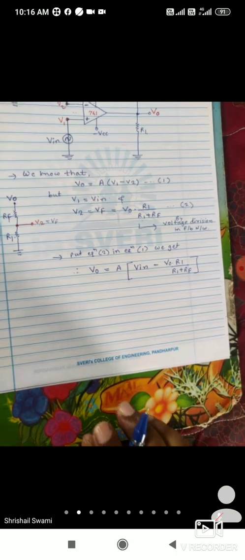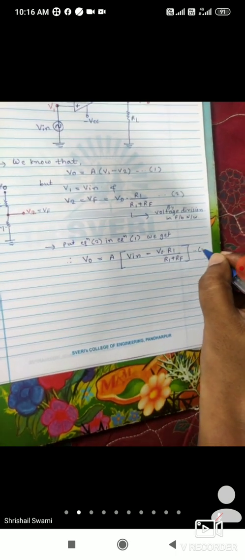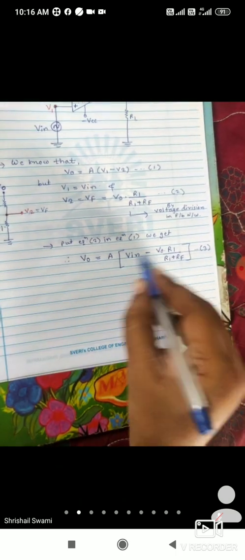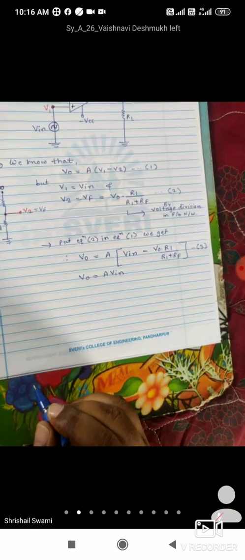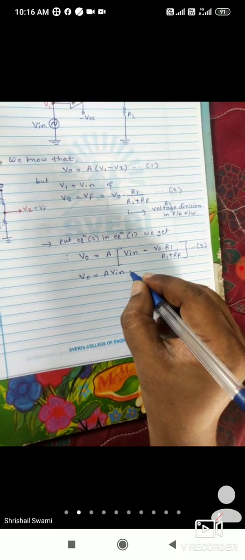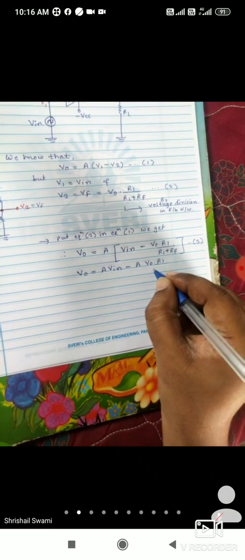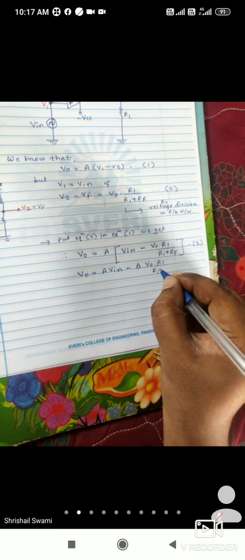This is equation number 3. Now multiply the terms: V0 is equal to A into Vin minus A into V0 into R1 divided by R1 plus RF.